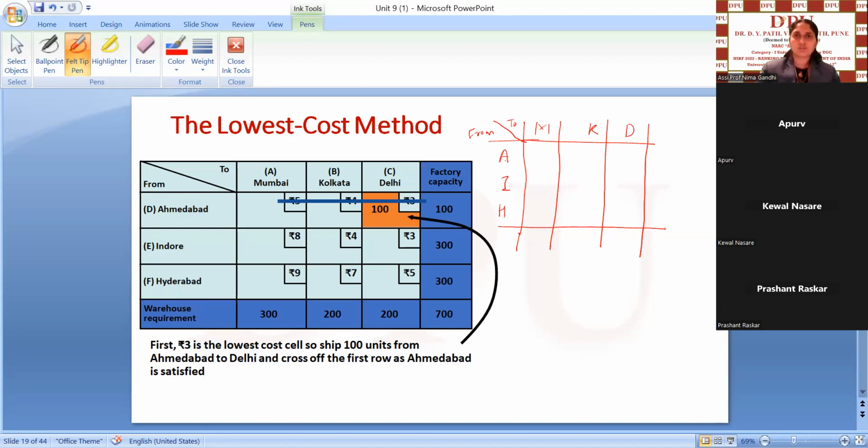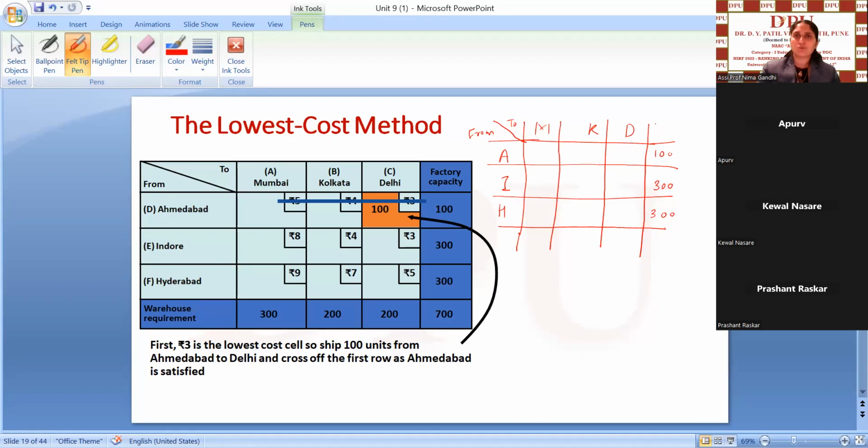The total capacity of Ahmedabad is 100. The capacity at the Indore plant is 300 and the capacity of the Hyderabad plant is 300. Production of 100 products, 300 products and 300 products in the specific time period.